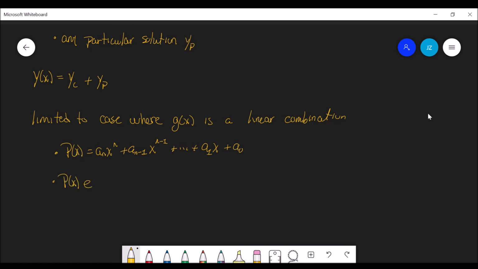A polynomial times the exponential function. The exponential function times cosine, and the exponential function times sine.